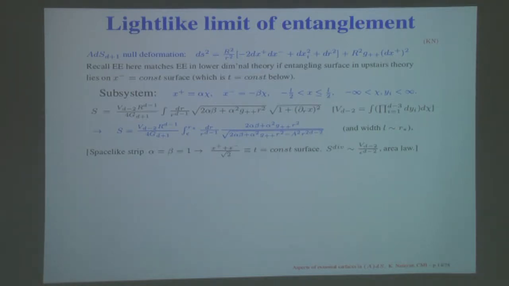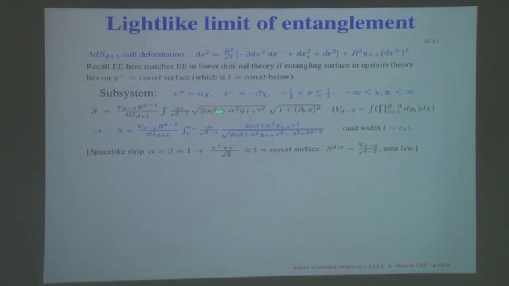Now we go back and recollect that the entanglement here matches the entanglement in the low dimensional theory only if, so this suggests that the entangling surface in the upstairs theory lies on this x minus equals a constant surface. Okay. So to do this a little more in detail and to isolate perhaps a lightlike limit here, let's just go back to setting this up in a little more detail.